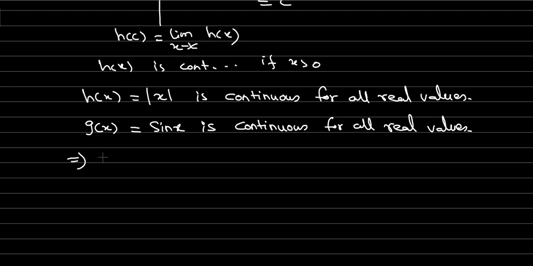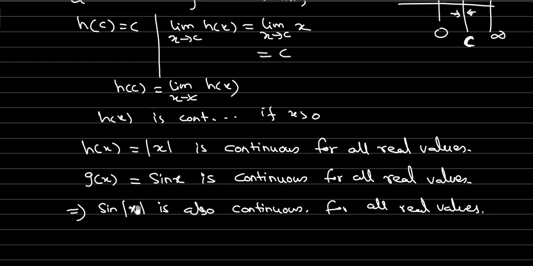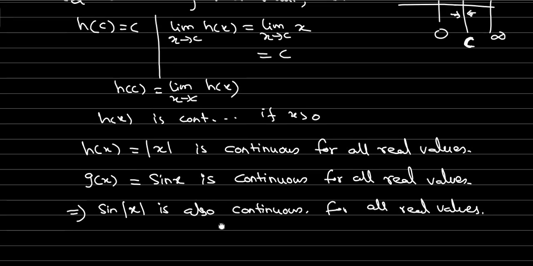That means sine of modulus of x is also continuous for all real values. So the given f of x, that is sine modulus of x, is continuous for all real values. So that's all the solution part of this sum.